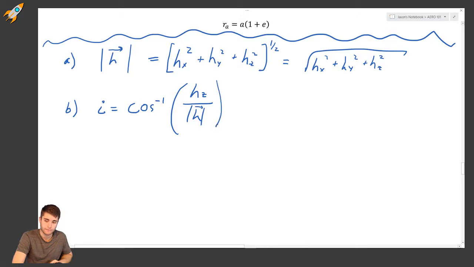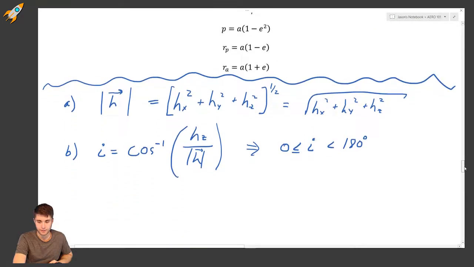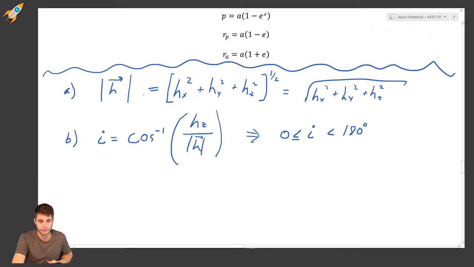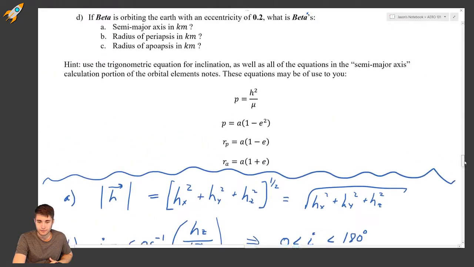We already went over that, and that'll give you a value between 0 and 180 degrees. That's what that value will provide for inclination. We know from the equations we went over in class that this is how to solve for inclination.